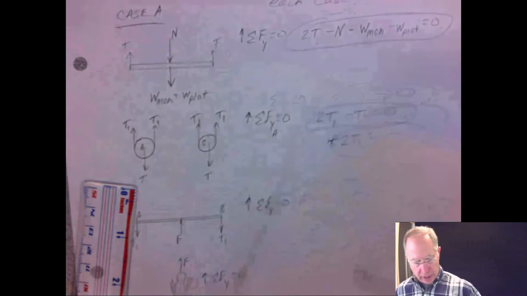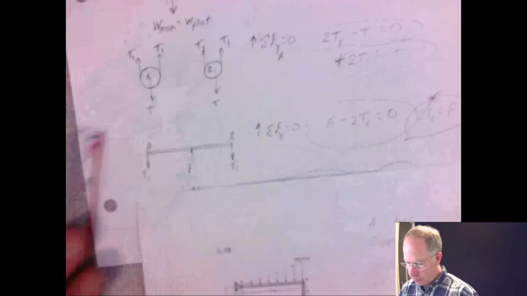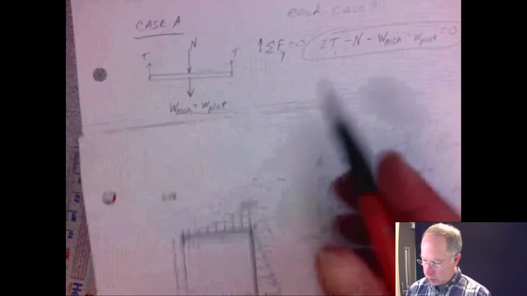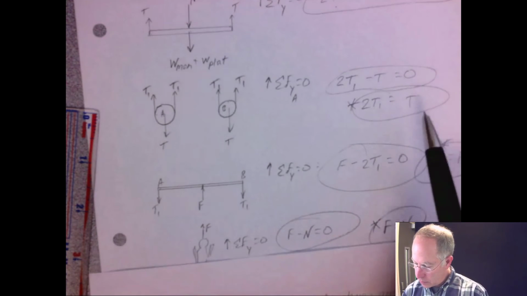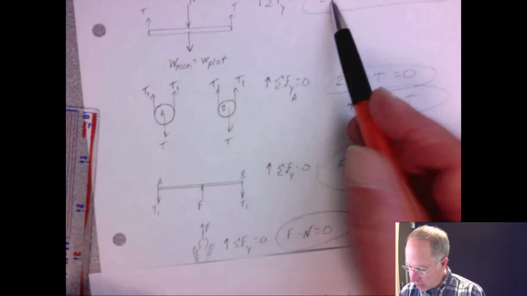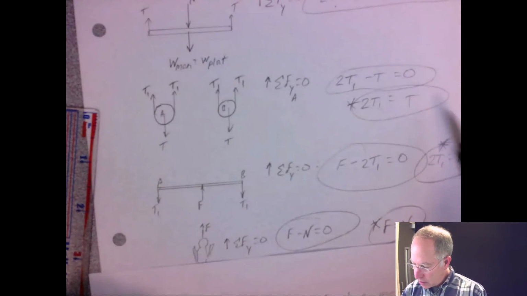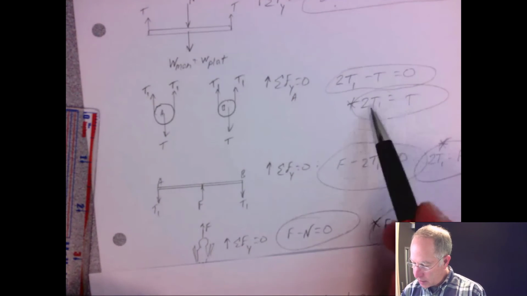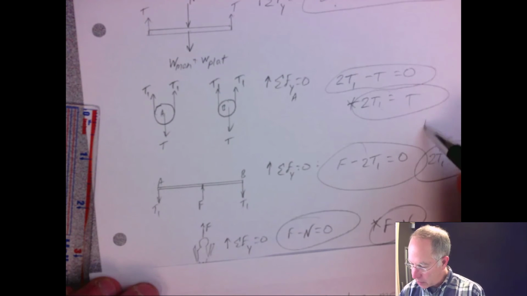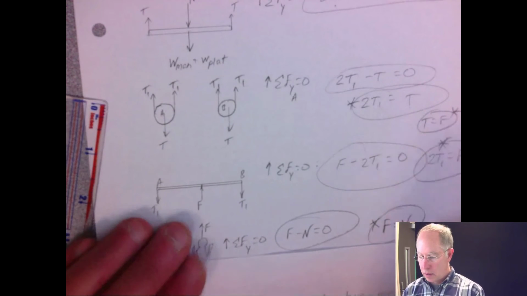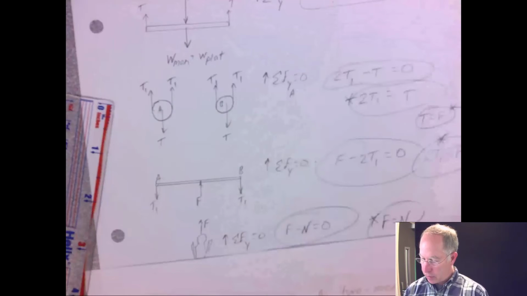So let's do that. T is equal to 2T1, and 2T1 is equal to F. Aha! So T is equal to F.